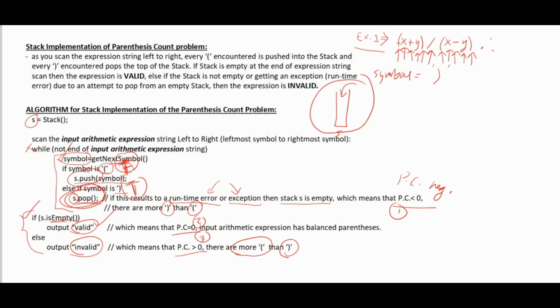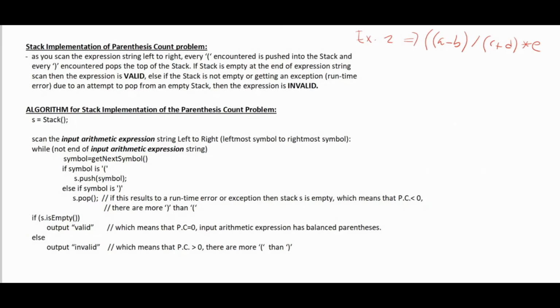The first example that we discussed is the case where the parenthesis count is equal to 0, or the arithmetic expression has balanced parentheses, and that is indicated by an empty stack at the end of scanning the input arithmetic expression string.